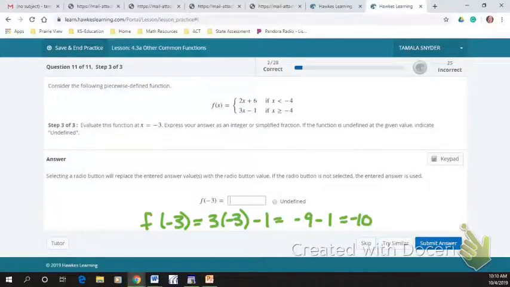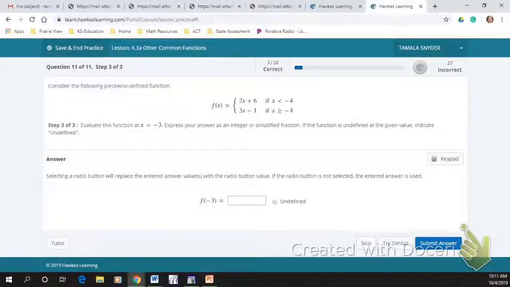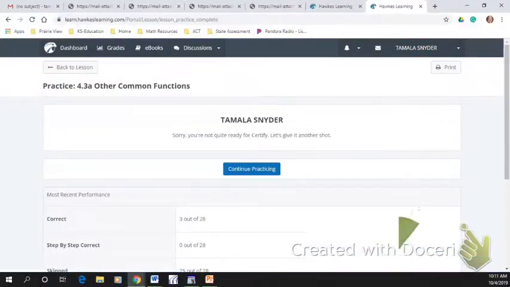Does that make sense? Okay, so negative 10. And continue practicing.